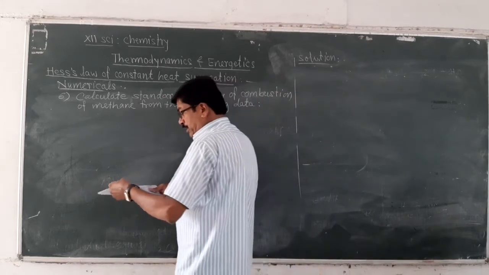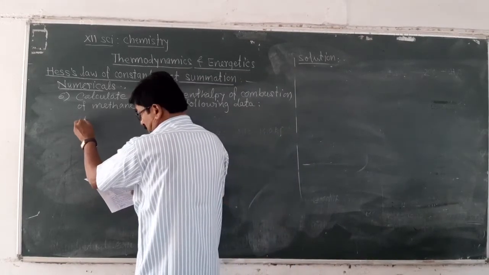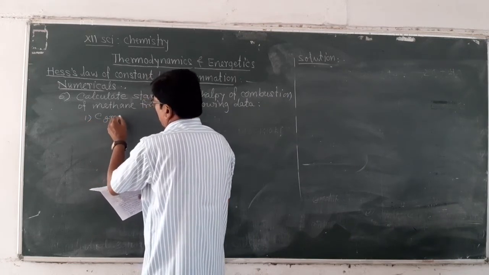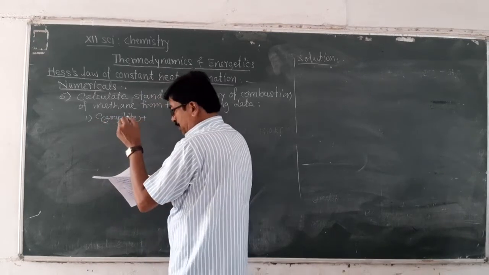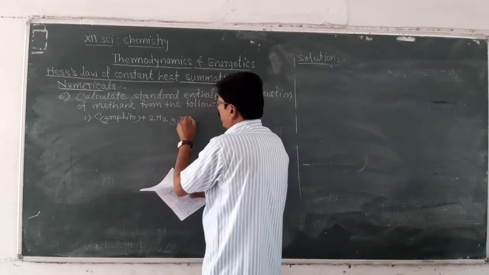Now here three equations are given. First, carbon graphite plus 2H2 gas to give CH4 gas.